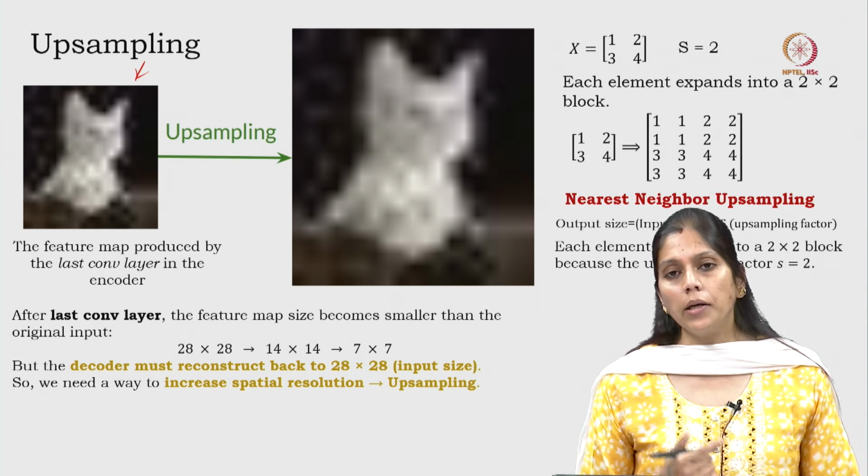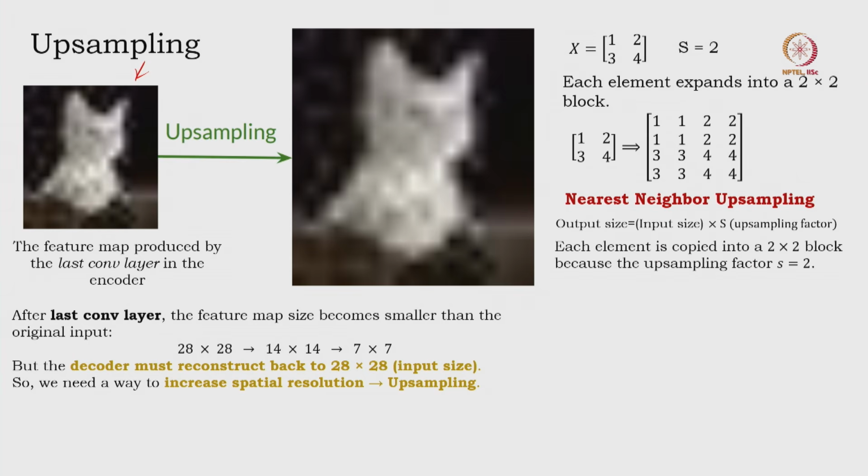So, how will you do that? Let's take the different techniques that are used for upsampling. One is called nearest neighbor upsampling. I am giving a simple example, later we will connect back to the image. Let us assume x is this image, of 2 cross 2 dimension, having the values 1, 2, 3, 4, just as an example to understand nearest neighbor upsampling.